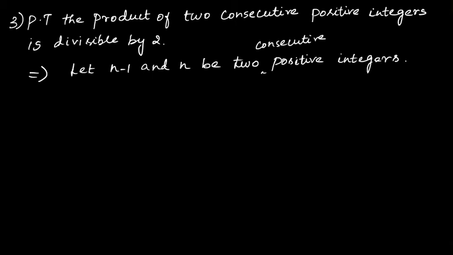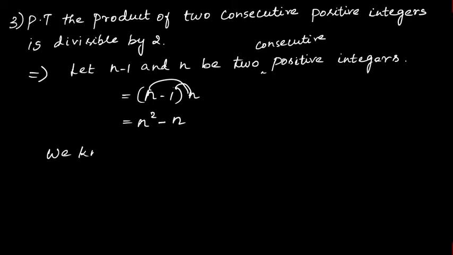So we need to show that their product is divisible by 2. So let us find the products of these numbers, that is n minus 1 into n. So when you multiply, you will get n into n square minus 1 into n. So any positive integer can be of the form 2q or 2q plus 1. That is, it can be a odd number or it can be a even number.